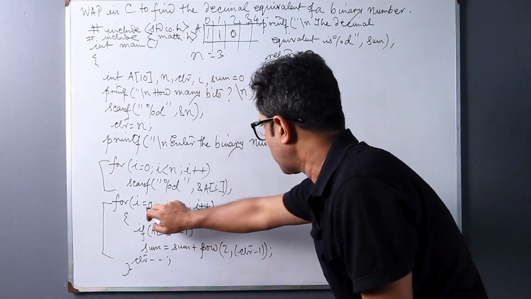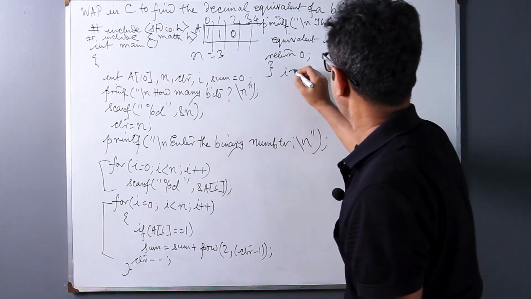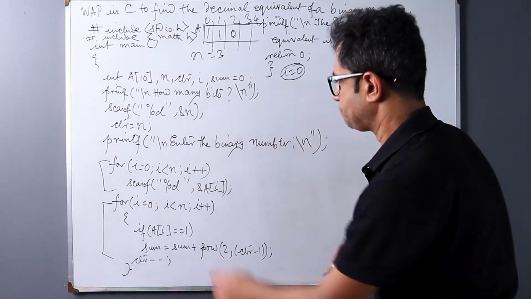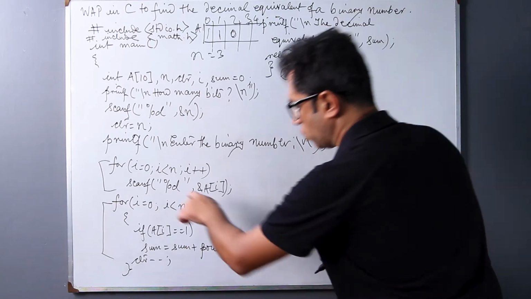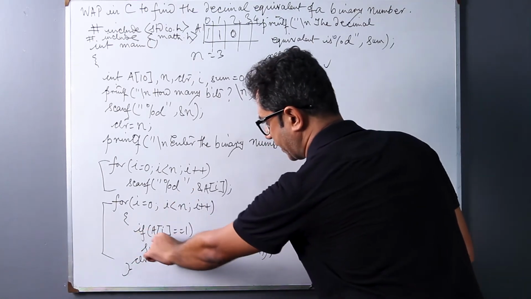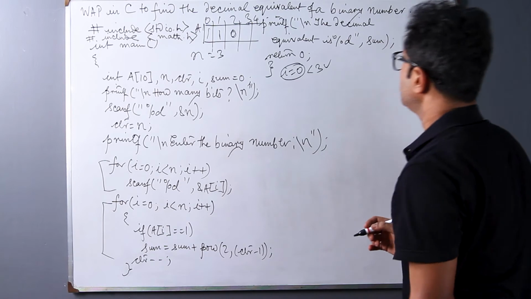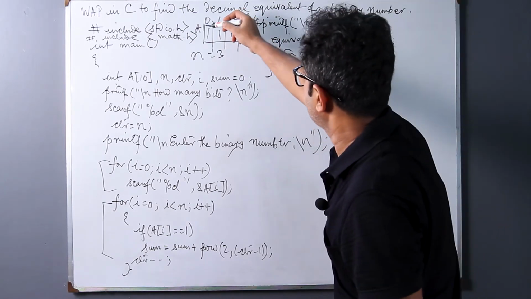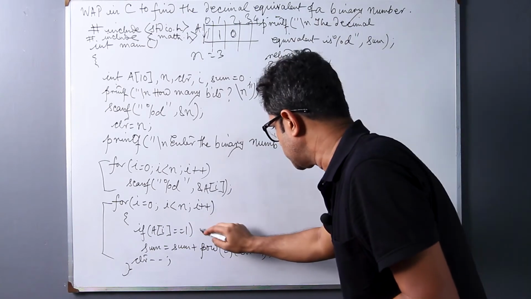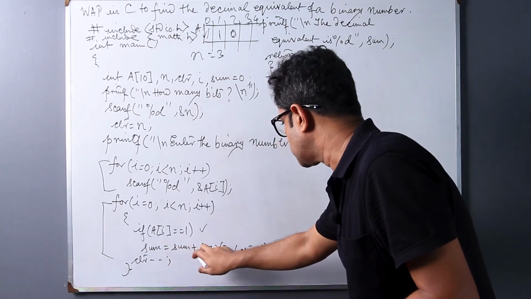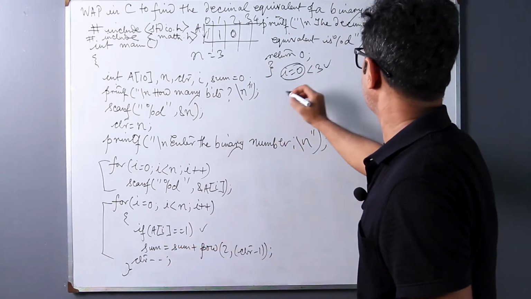Let us see, for i equal to 0, i less than n, yes, we come to this line, if a[i] equals 1. a[0] is definitely 1, so this condition is satisfied. Sum is equal to sum plus power 2 comma counter minus 1.